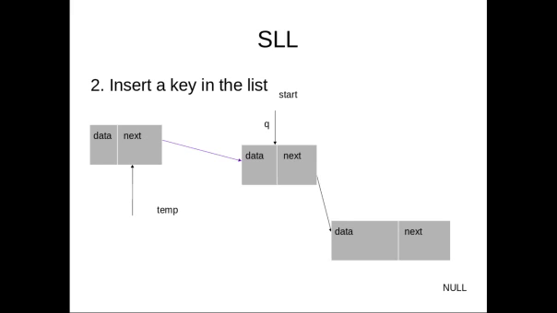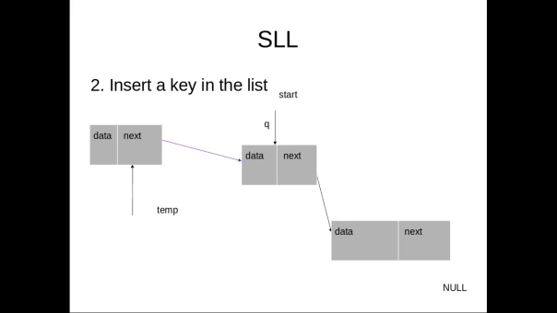Before inserting a key in the list, you have to create a node first with data equal to 15. Then we have to insert it in the list. That is inserting a key. Now there can be several places in the list where we can insert the key element.